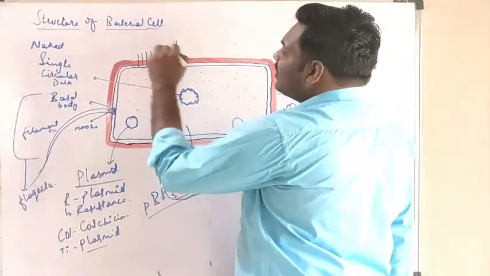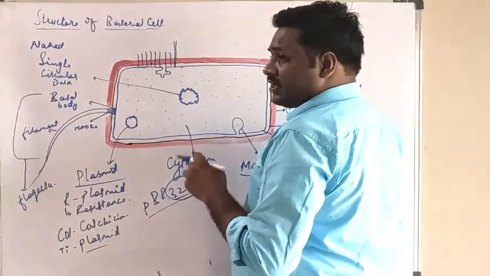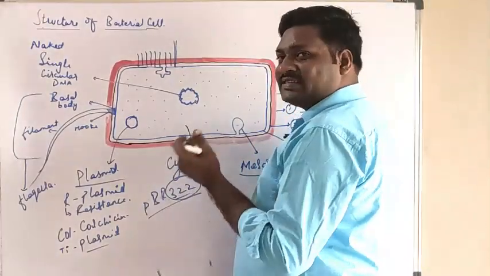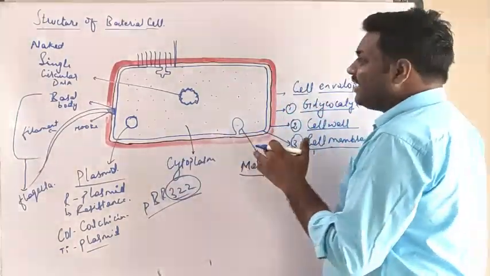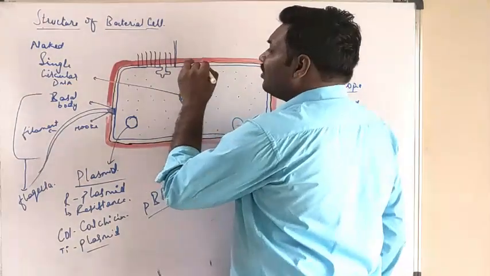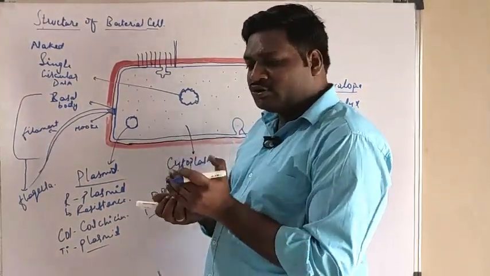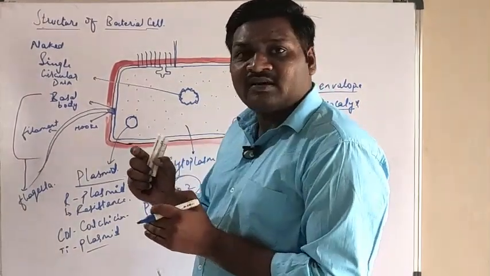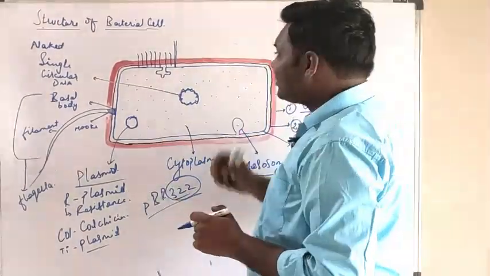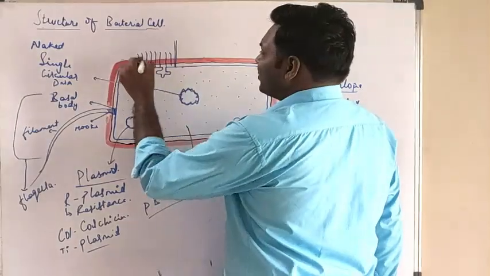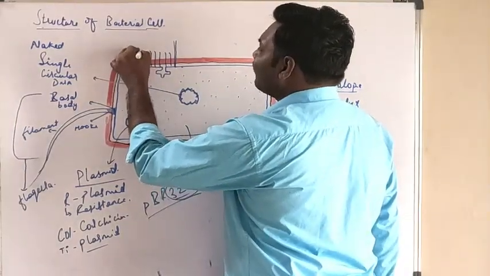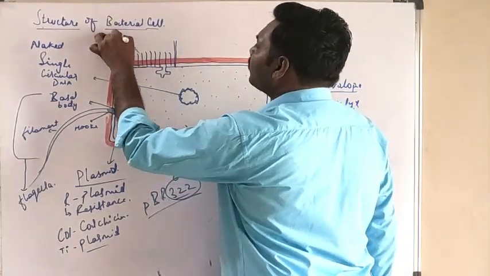Apart from this, we have some other structures which are also found on the cell envelope, called pili. Yesterday we discussed in conjugation that pili are the reproductive organs, and these pili have two different structures. If the pili are small, they are referred to as fimbriae.